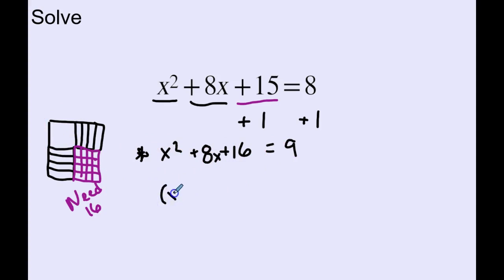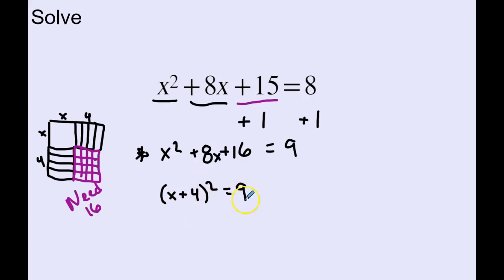This is just x plus 4 squared. Look, we already factored it. It's x long there, and it's 4 long here. This is x tall here, and it's 4 long here. And that equals 9.